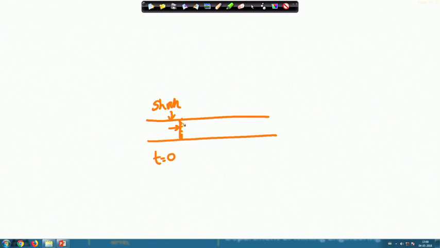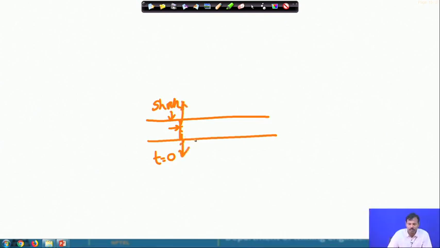So, at t is equal to 0, the shocks will come out from this portion of explosive in all directions. Similarly, it will travel towards this direction also through the explosive column and this shock will start initiating the explosive.